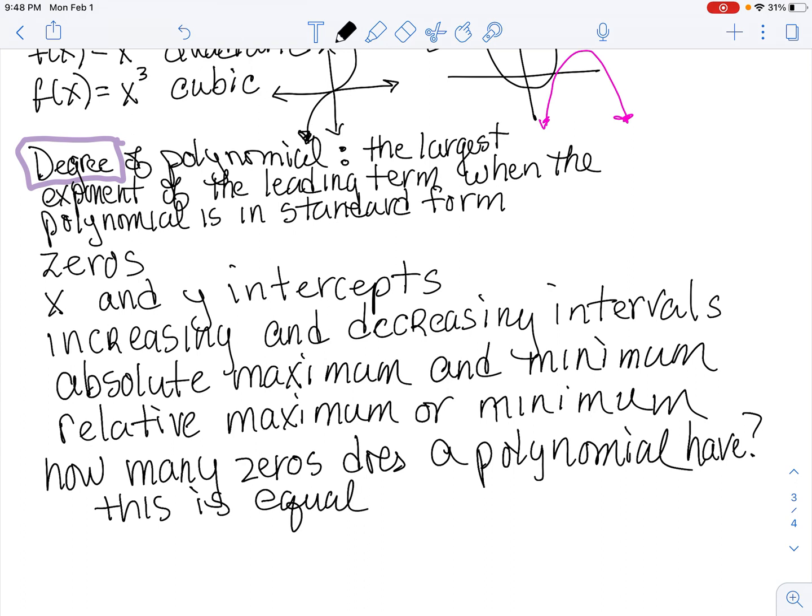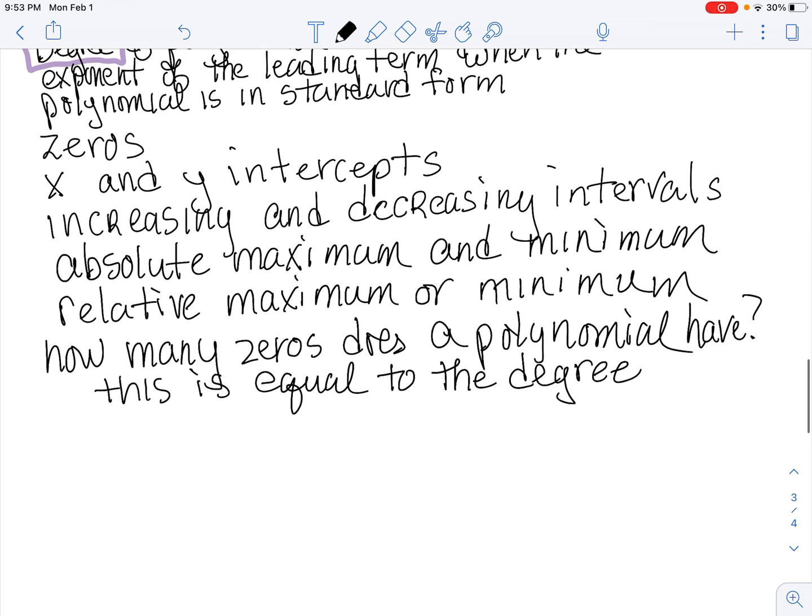Okay, this is equal to the degree. We talked about domain and range, stuff you already know.